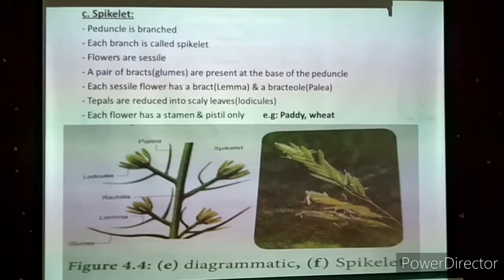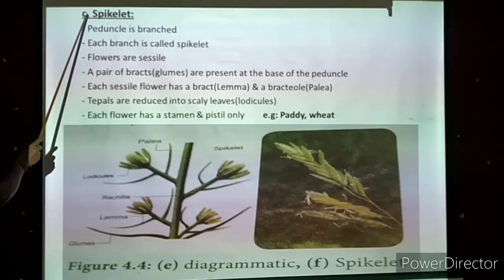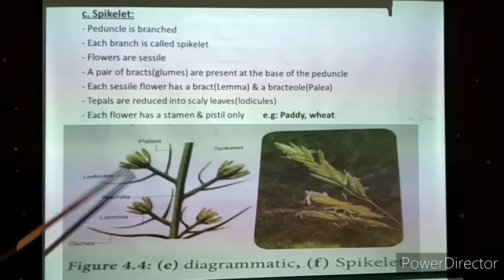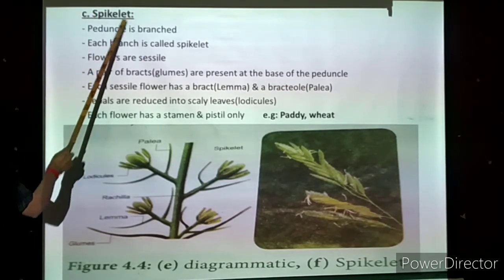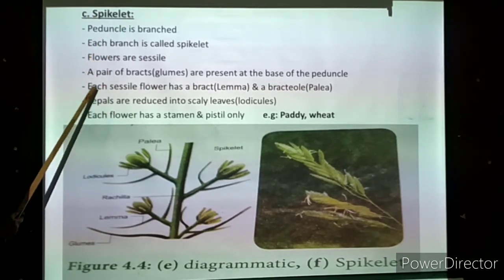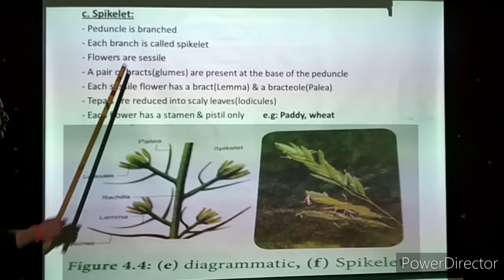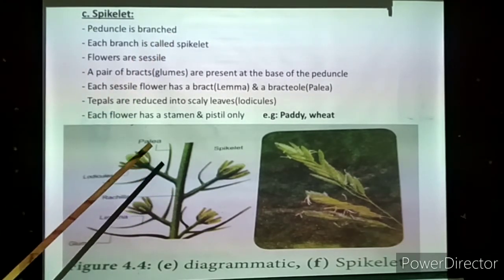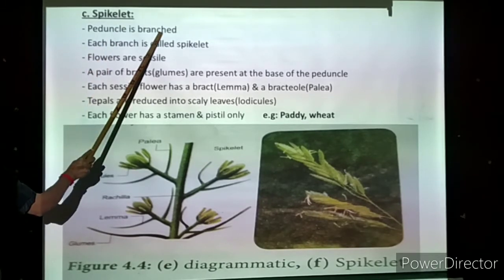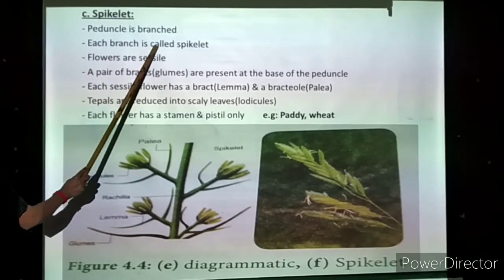Then the third type of racemose inflorescence is called a spikelet. In the previous slide we studied the previous type, spike. But here we are going to study spikelet. What are the characters? We have to see that. Peduncle is branched. Normally the peduncle is unbranched for the first two, but here the peduncle is branched. Each branch is called a spikelet.